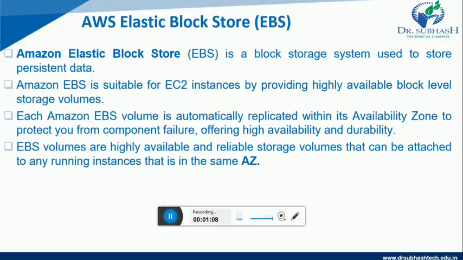EBS volumes are highly available and reliable storage volumes that can be attached to any running instances that are in the same availability zone. So this is a simple introduction of Elastic Block Store.